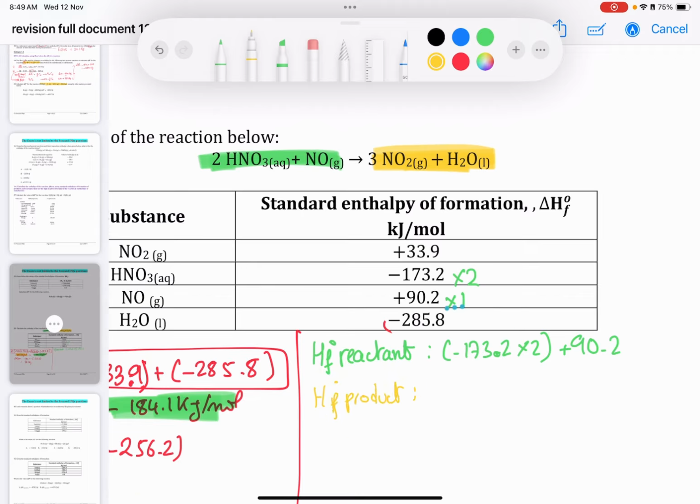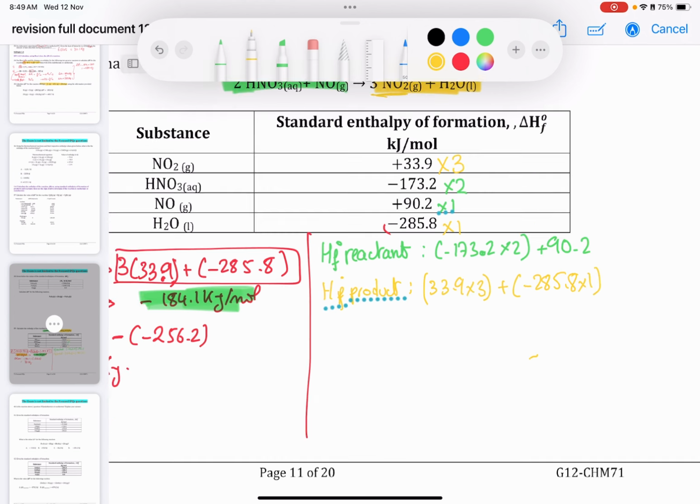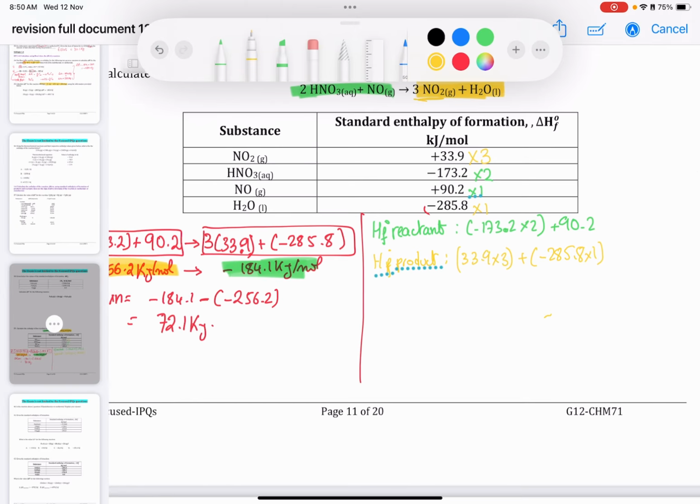I have NO2 multiplied by 3, and I have H2O. So it is 33.9 times 3 and negative 285.8 times 1. And we are going to get the same answers.